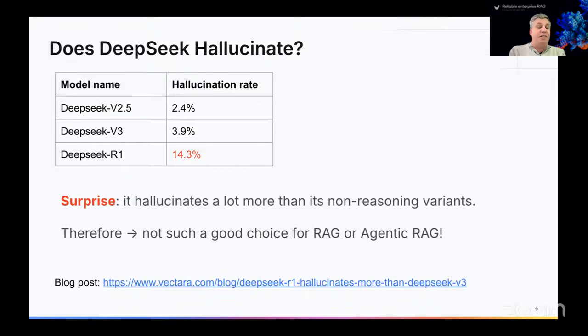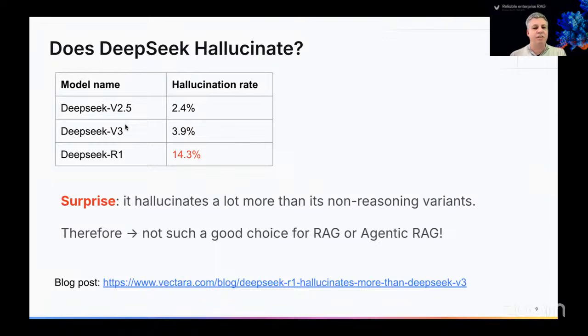So does DeepSeek hallucinate? Well, that was our big surprise. We added DeepSeek about a week ago, or a week and a half, to the HHEM leaderboard. And to our surprise, it hallucinates a lot more than the other DeepSeek models, V3 and V2.5, which are non-reasoning models.